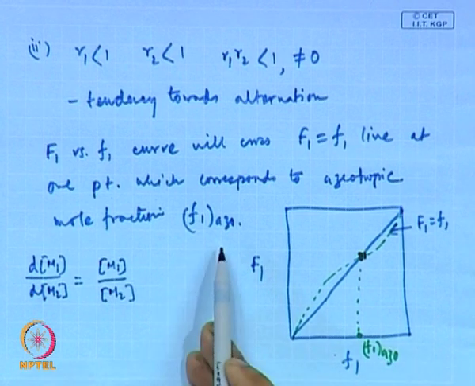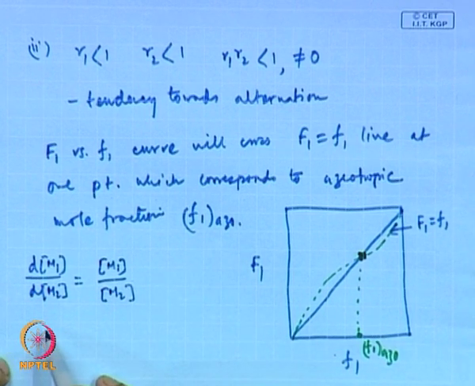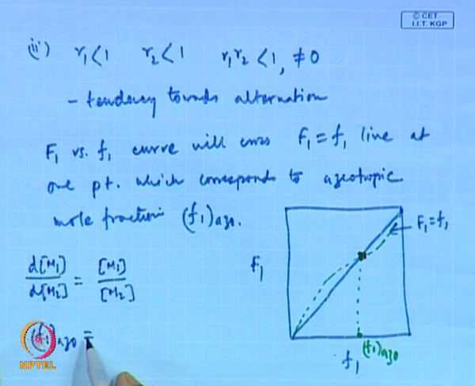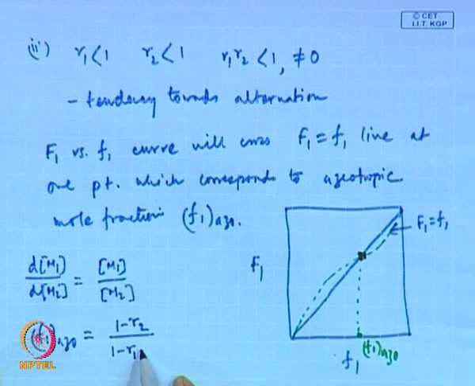That is why we call this an azeotropic composition, and we can get this from the expression we derived in the last lecture as this. So, if you know the reactivity ratios R 1 and R 2, then we can get the azeotropic composition at which we can get an azeotropic copolymerization.